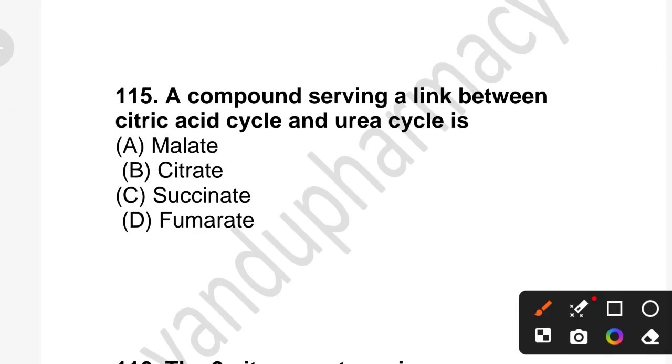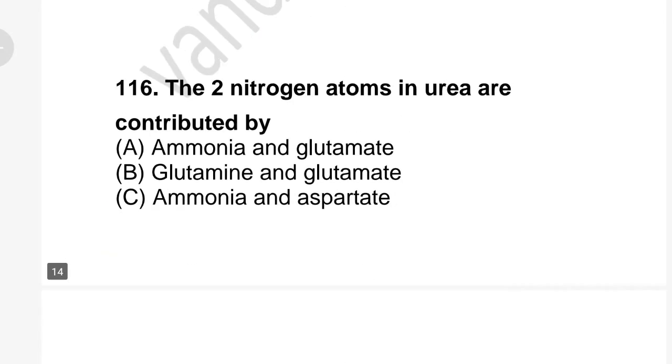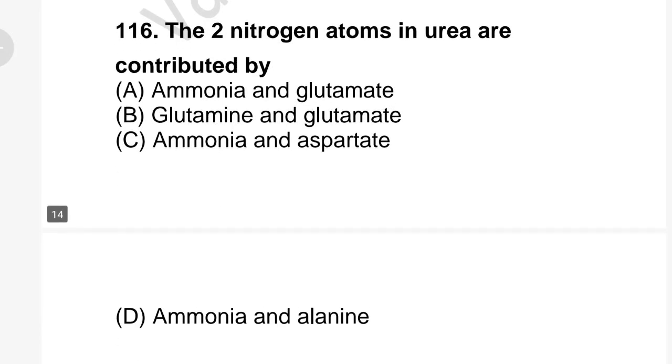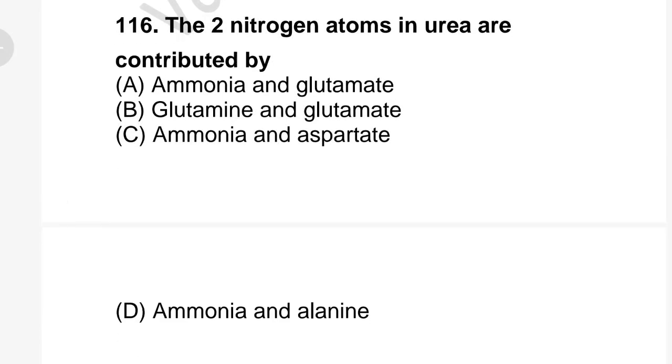Right answer is option D. The two nitrogen atoms in urea are contributed by option A ammonia and glutamate, option B glutamine and glutamate, option C ammonia and aspartate, and option D ammonia and alanine. Right answer is option C.